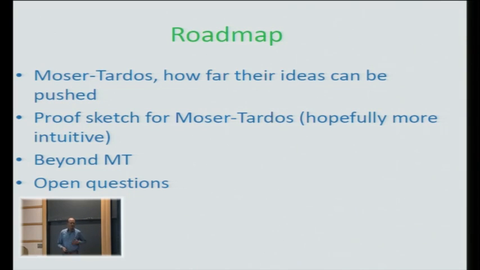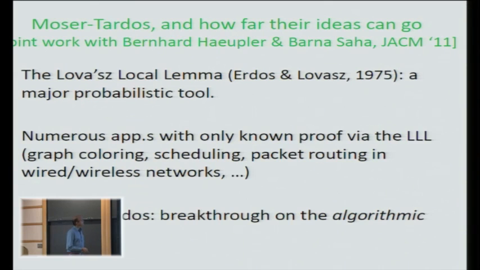What I'd like to convey is that Moser-Tardos is not just an algorithmic version of the local lemma, but actually a probabilistic process of interest in its own right, which needs further understanding. So it already helps us go beyond the local lemma, but I think there is more to be understood here.